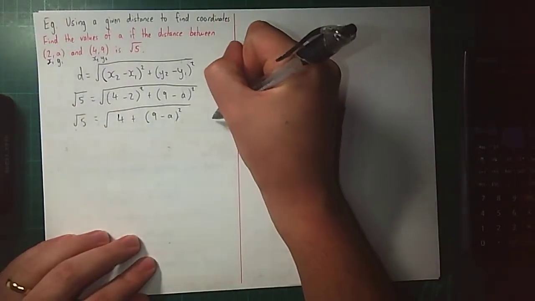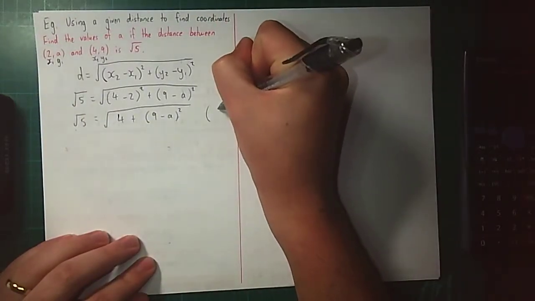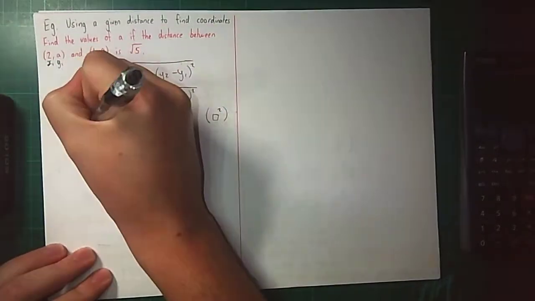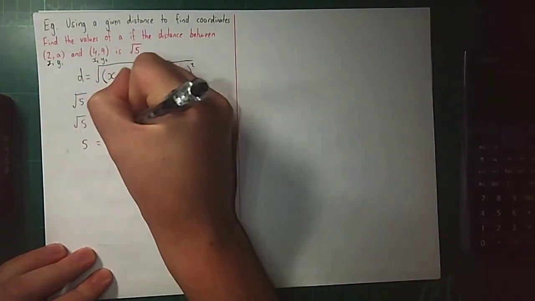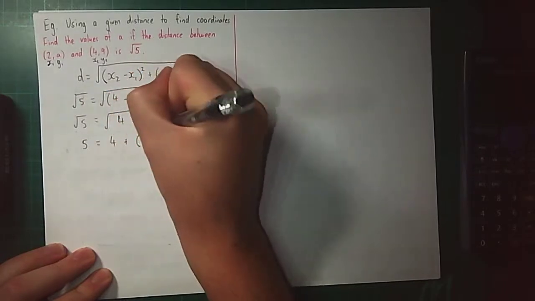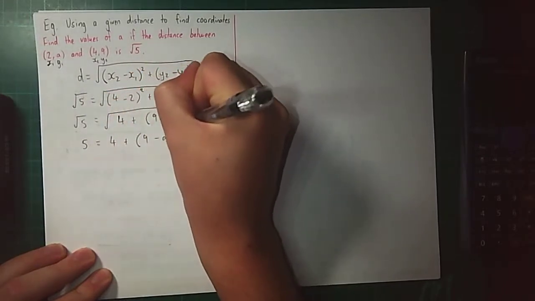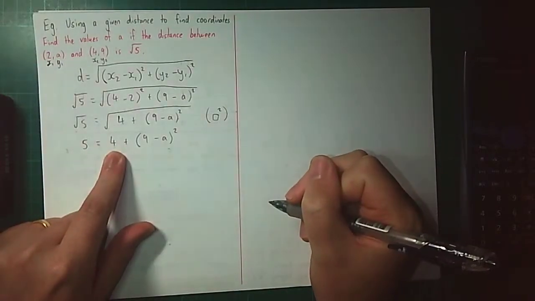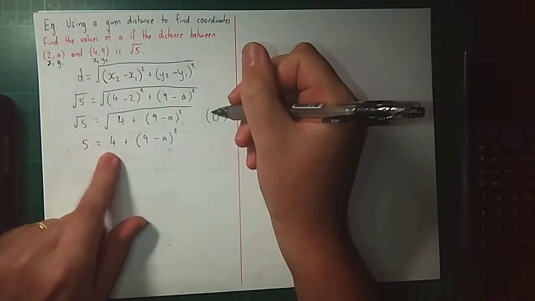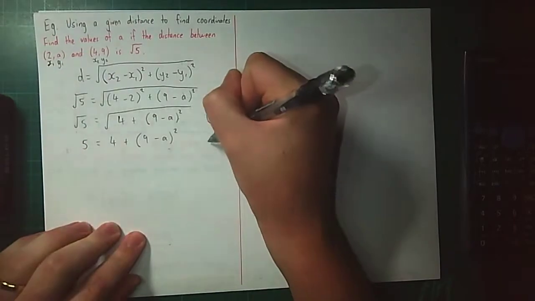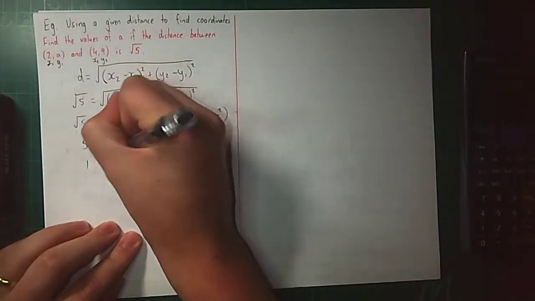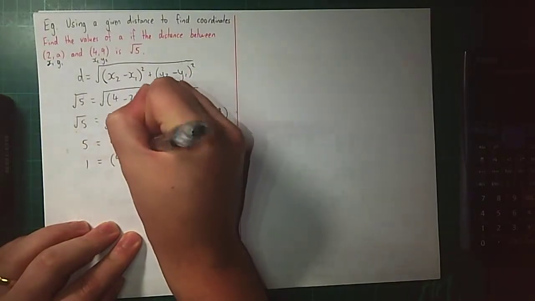So if we square everything, we're going to just get 5 is equal to 4 plus 9 minus a all squared. And of course, I can get rid of this 4 by subtracting 4 from both sides, doing the opposite of its sign. So if I take 4 away from both sides, I get 1 is equal to 9 minus a all squared.